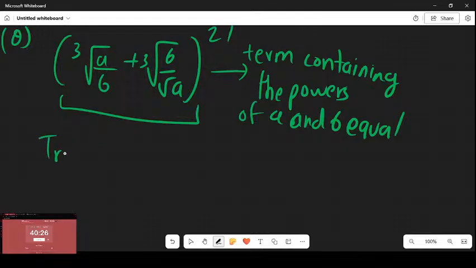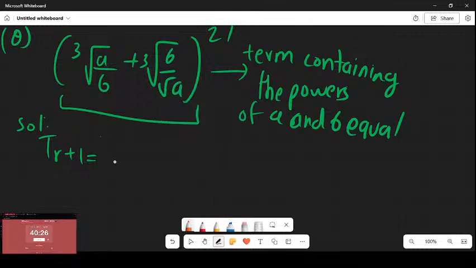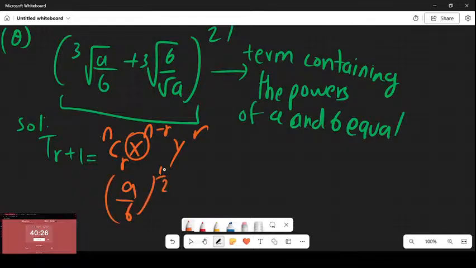So let us write the general term. The general term for any kind of expansion is given by nCr x to the power n minus r y to the power r. Here what is the power of x? a by b, which is nothing but to the power 1 by 2 of n minus r.